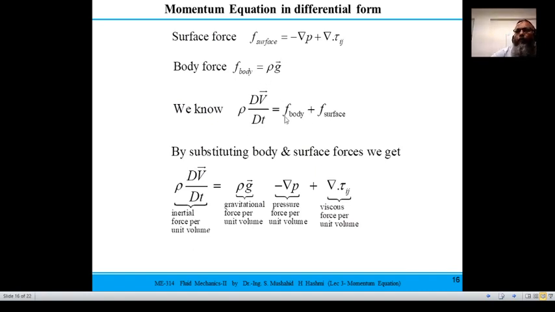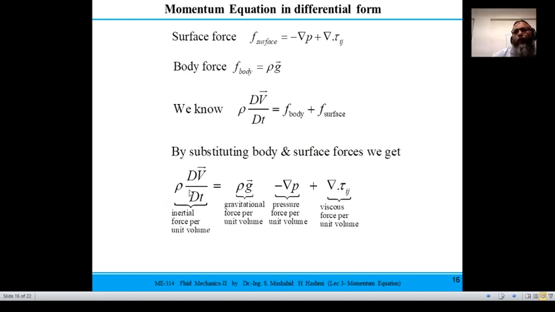And the body force here is rho times g, which is the gravitational force per unit volume. Then the surface forces have two components: the pressure force per unit volume and the viscous force per unit volume. So this is what we have defined here, a momentum equation using Newton's second law of motion.